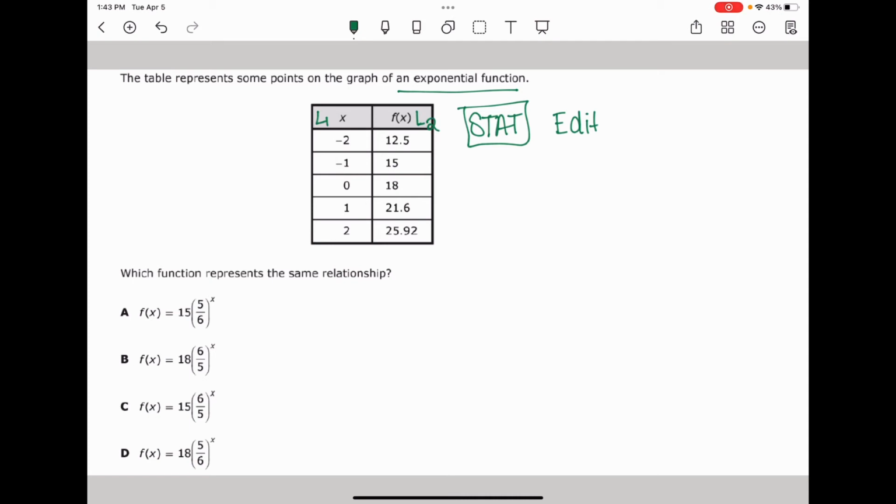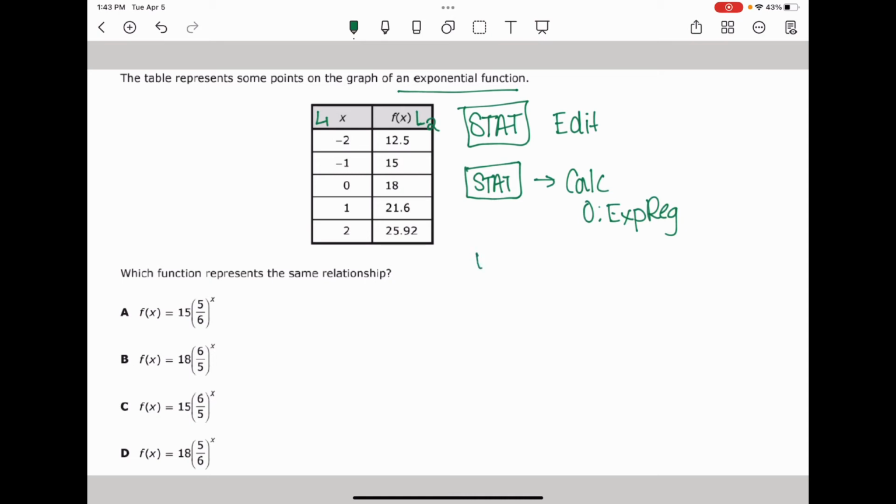Then once you've done that, you're going to click Stat, and then you're going to arrow to Calculate, and you're going to choose option 0, which is exponential regression, and then hit Enter.